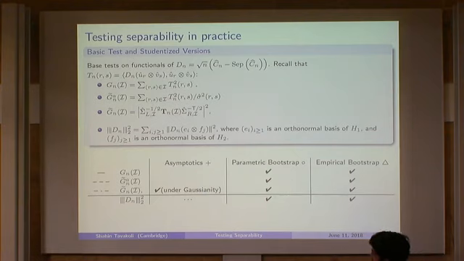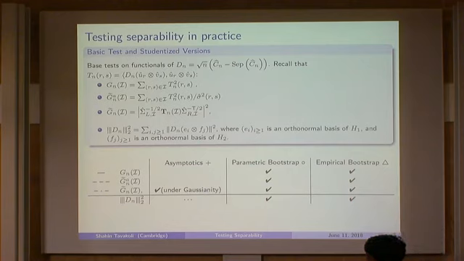To summarize what I'm going to show in the numerical experiments, you have these three tests, think of them as no studentization, partial studentization, and joint studentization, and this is now the norm of D_N.